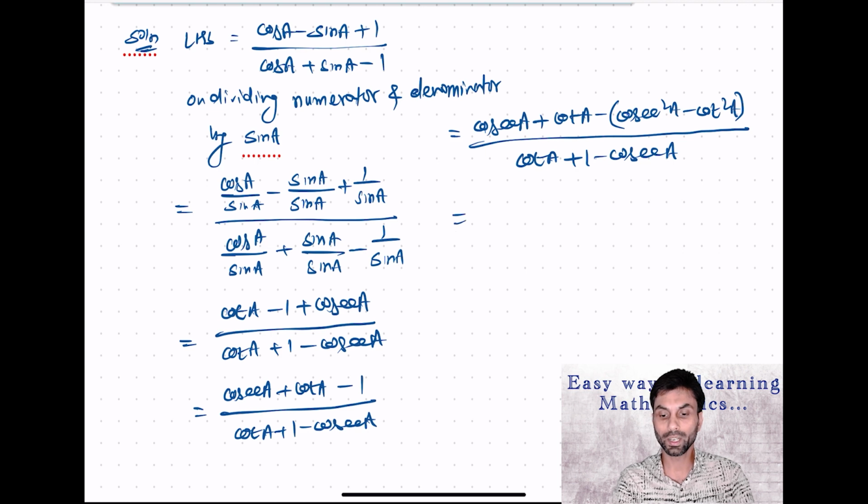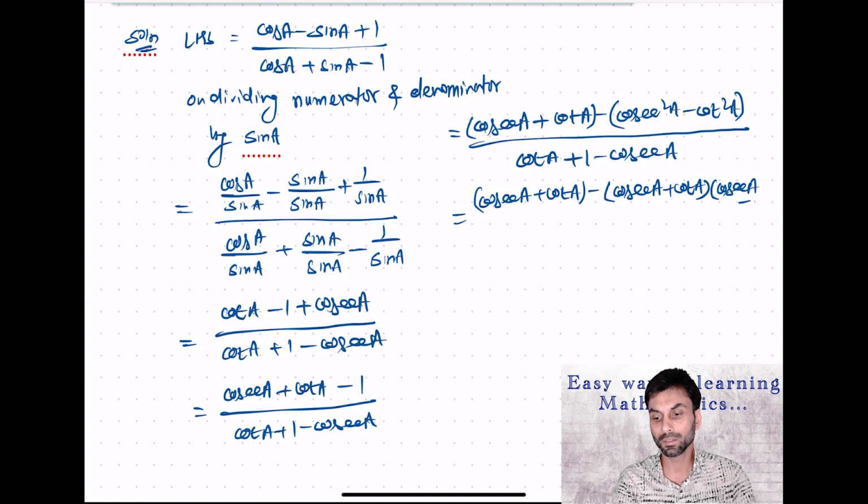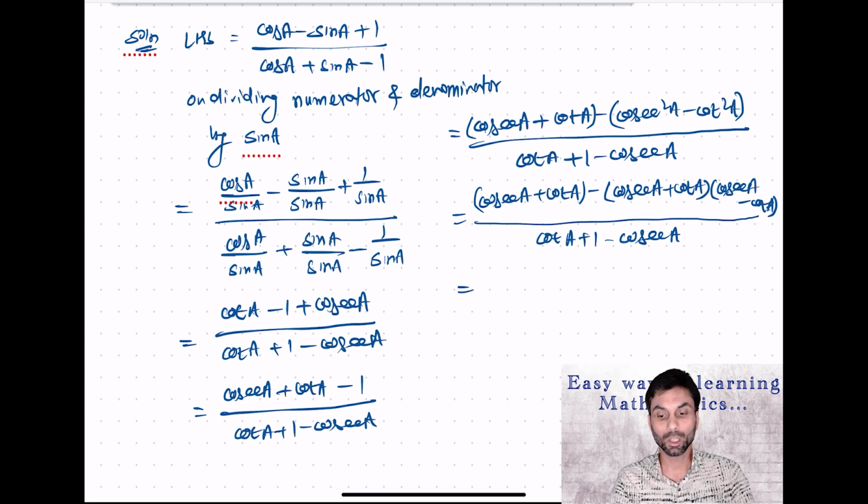Now from the numerator, we can write it as cosec A plus cot A minus cosec A plus cot A into cosec A minus cot A, divided by cot A plus 1 minus cosec A. Now from the numerator we can take cosec A plus cot A common.